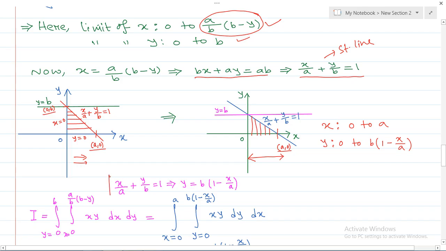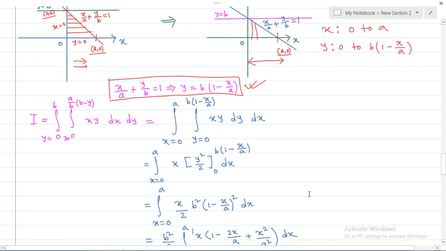How can I write this down? From this expression I have made the calculation for you: x upon a plus y upon b equal to 1. From here, if we want to find y, the value of y is going to be b into 1 minus x by a. So y is varying from 0 to this value; the y limit is going to be variable.